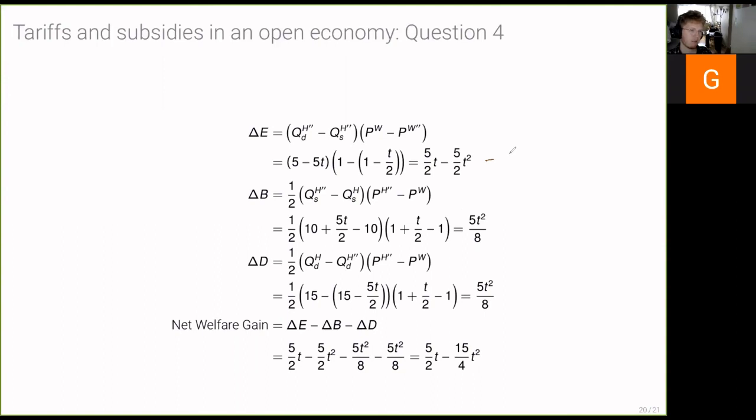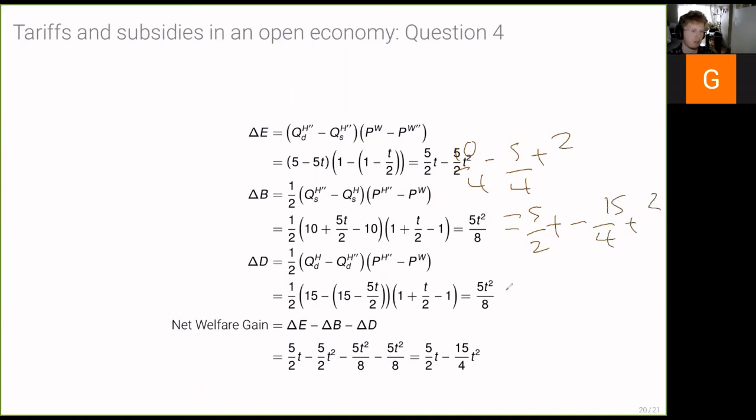So that's going to be 5/4 t over 2. And so combining, multiplying this to get the same term here, this is going to be 10 over 4. And so what I'll be left with is 5 halves t minus 15 over 4 t squared. And so that's what this is.